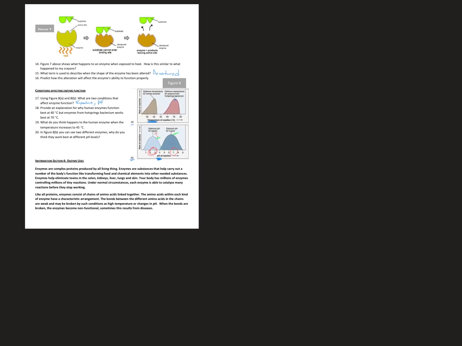So I'm not going to draw the whole thing out again, but we've done it numerous times. You have these chains of amino acids that are covalently bonded together. We call these bonds peptide bonds.